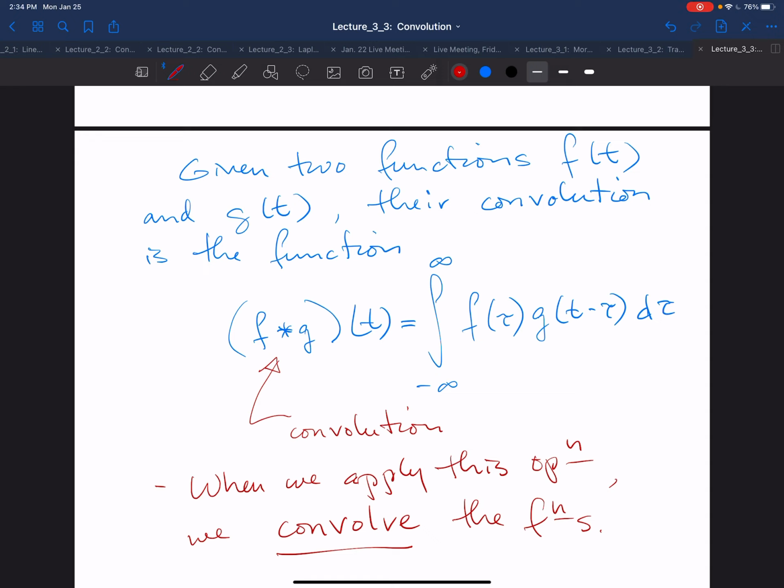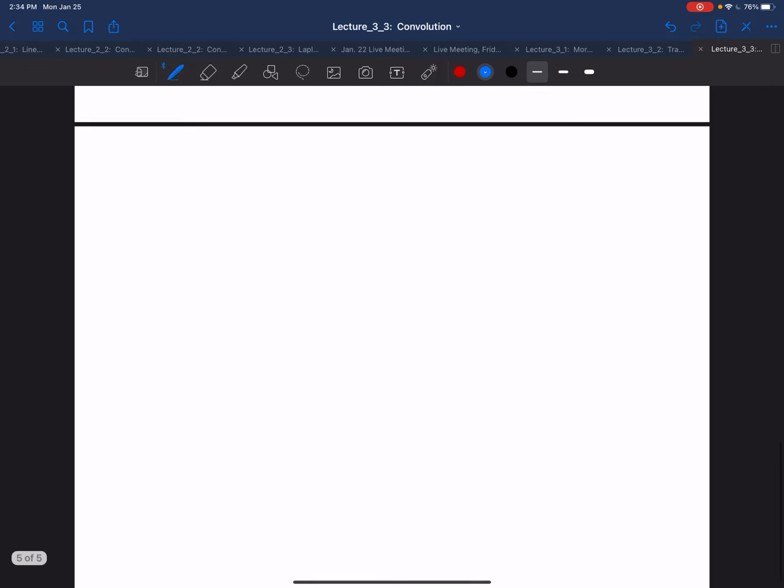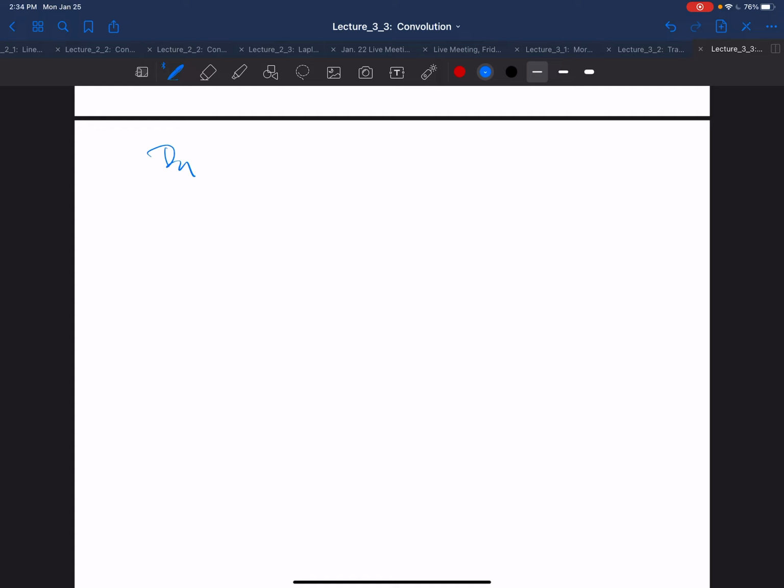Now, the way we've written it here, it looks as though the order of f and g matters. However, by a simple change of variable, you can show that you can interchange f and g and you'll get the same result. So I won't go through the details which are given in the notes, or you may wish to do this as a simple exercise.